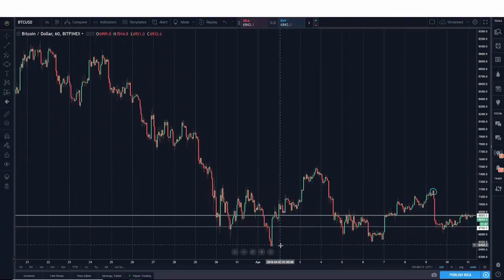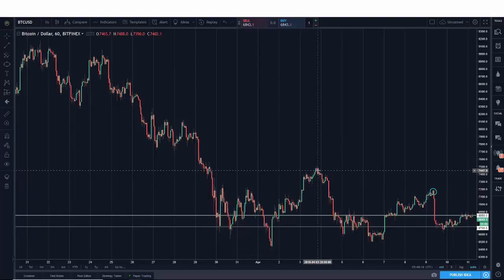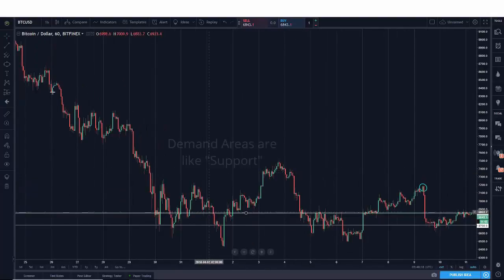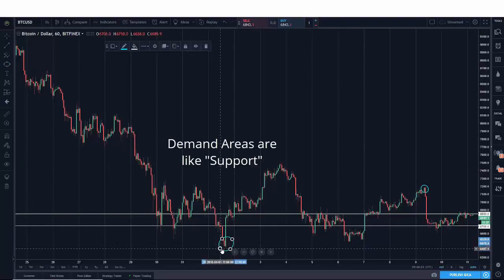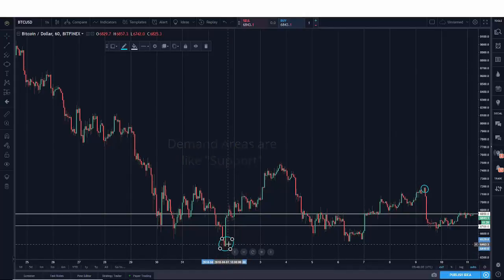When we experience that change in price to the upside, in moments like this, there's so much demand to get into the market. The buyers are literally driving the price higher because they must find sellers that are willing to take the other side of the trade.